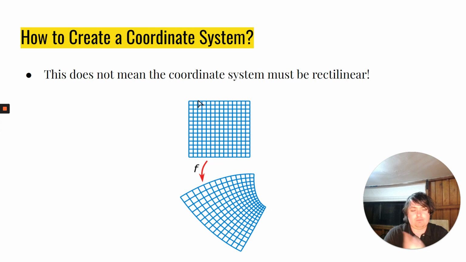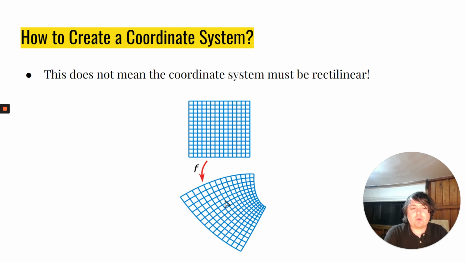So if you think, like I said before, vertical is y in this direction, and x in this direction is the horizontal direction. This is a valid coordinate system, but you can create a transformation f on this coordinate system to kind of stretch and twist it.